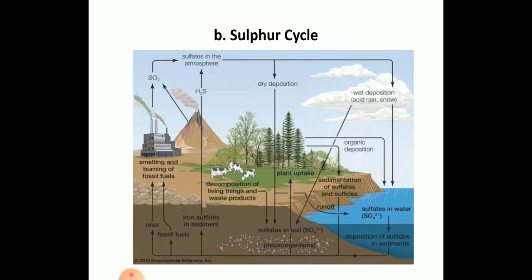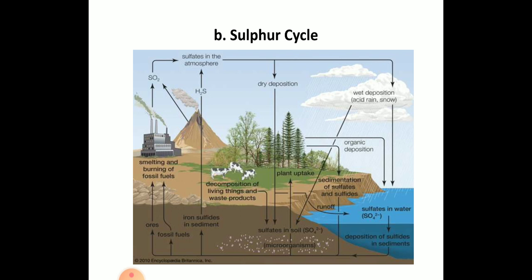Then you have the sulfur cycle. Same as the nitrogen cycle, here also you need to study how sulfides in water or, due to acid rain, how sulfur is entering our ecosystem, and the sulfur dioxide gases released by different industries or by vehicles, or from the decomposition of waste.